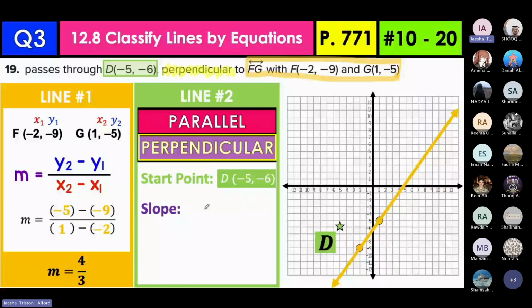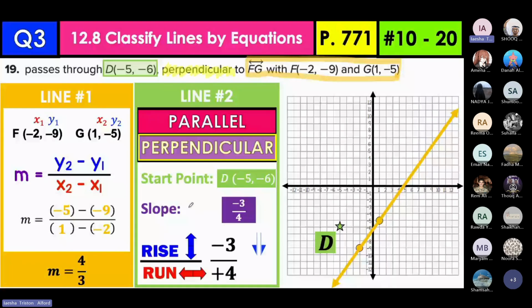If this slope for the yellow line is 4/3, then the new one should be 3/4. So to make the point, you will go down 3 and right 4 from D. Yeah? And connect the dots. That one is perpendicular.